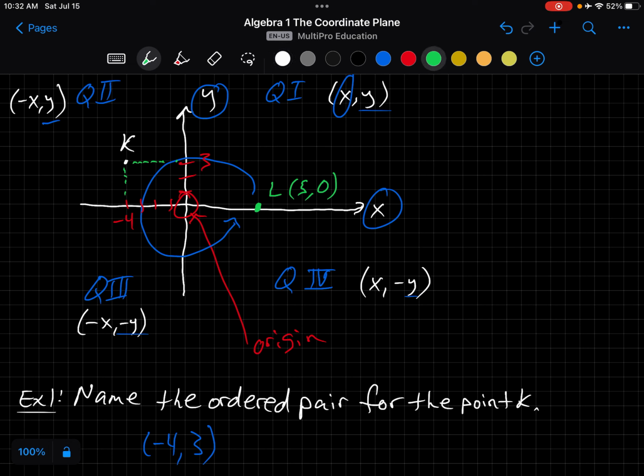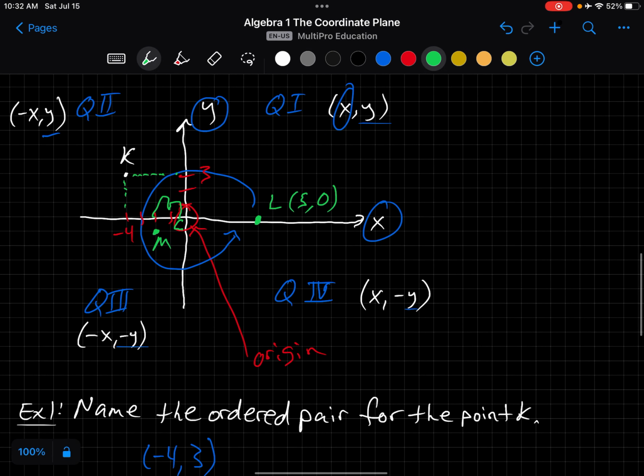So if we go 2 and 1, here would be point M. So we went left 2, and then we went down 1. Oh wait, yeah, they're both negative. So left 2, since it's negative; you would go right 2 if the x was positive. Then we go down 1 for -1. If it was positive y, we would go up. So we graphed that. Great job.